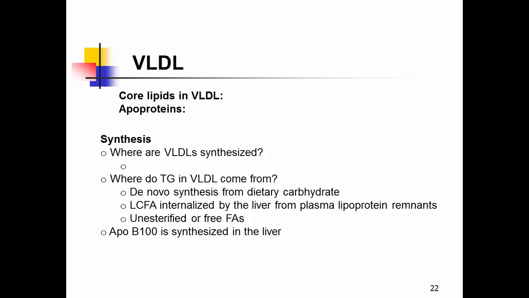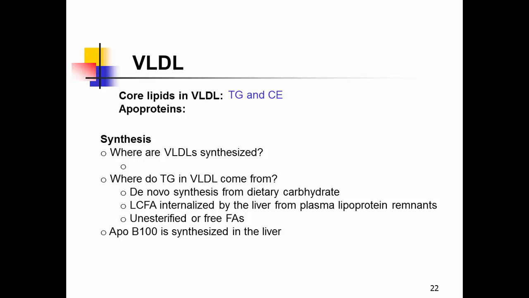Triglyceride, again. The majority of the core lipids are triglyceride in the VLDL, and also some cholesterol esters. And VLDL is also a triglyceride-rich lipoprotein. That means the function of VLDL is also to transport triglyceride. But the route is different.